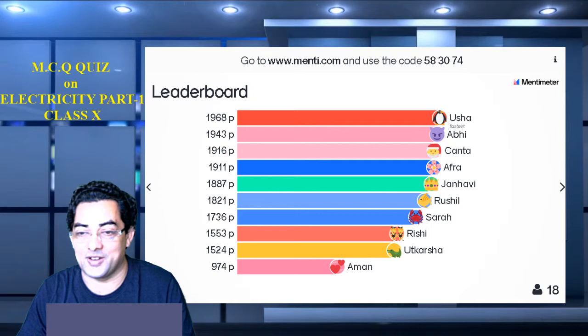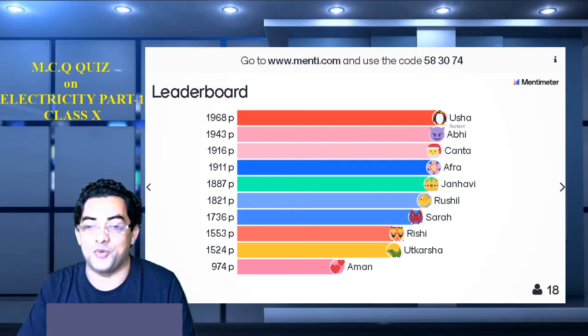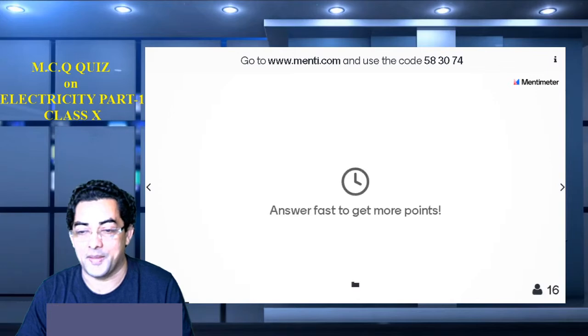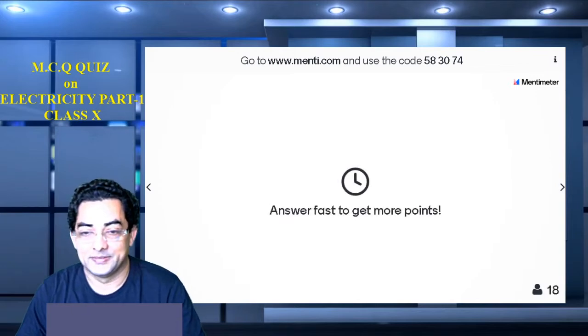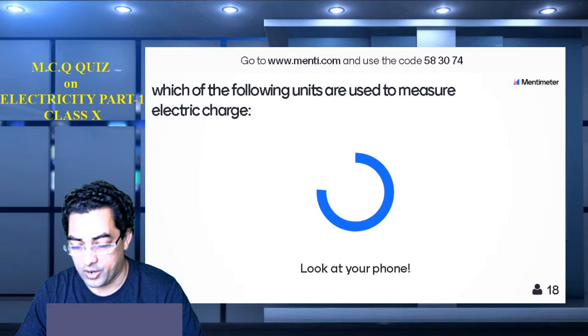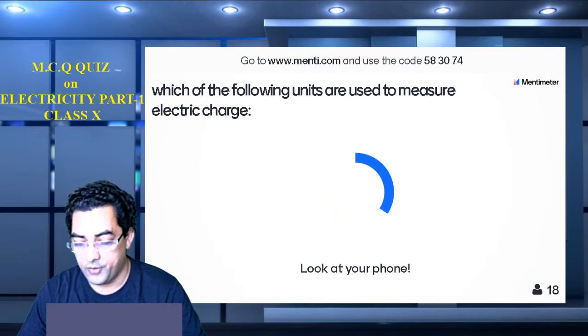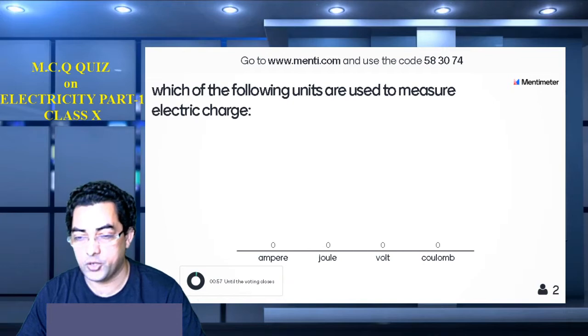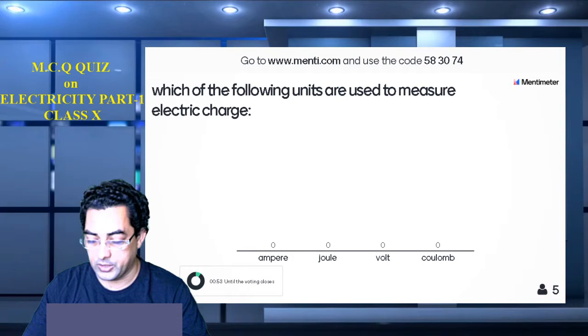So this is our next question. We are doing an electricity quiz here today. Okay, so look at your screens, phones. Which of the following units are used to measure electric charge? Is it ampere? Is it joule?